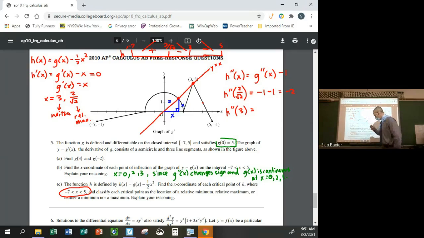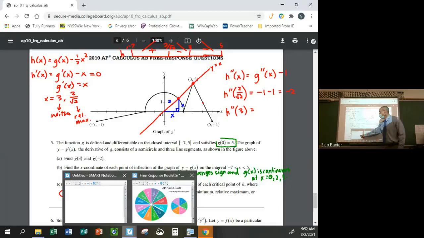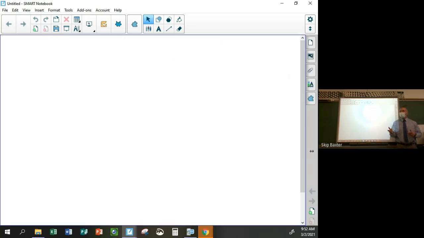Okay. Now, for today, I actually don't really have anything new to talk about, but there is a homework assignment, and I'm going to give you the rest of the period to work on it. It's just other types of contextual problems, like looking at a problem and figuring out what the units of the answer should be, looking at a problem and interpreting the meaning of a derivative or an integral in the context of an actual real-world problem.